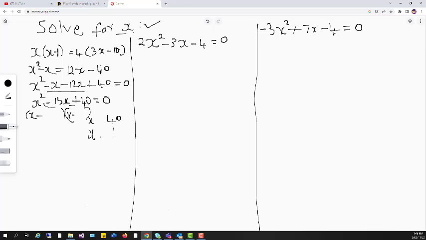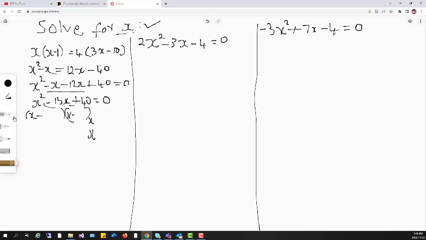So the terms of 40, if you multiply them, should give you 40, and if you add them, they should give you 13. 40 times 1 will definitely be 40, but 40 plus 1 is 41, not 13.